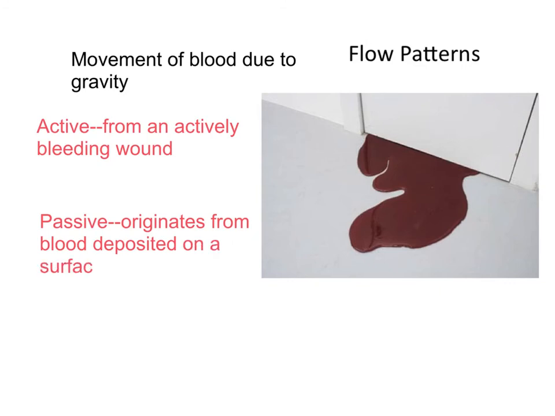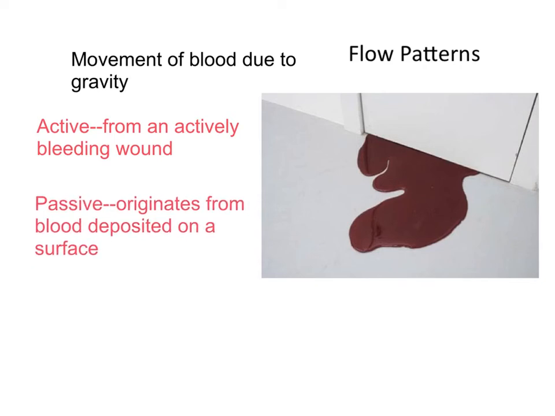Another really good example of that would be the arterial spray that we saw before. It sprayed, got on the wall, and then due to gravity, it starts to go down that wall. That's a type of passive flow.